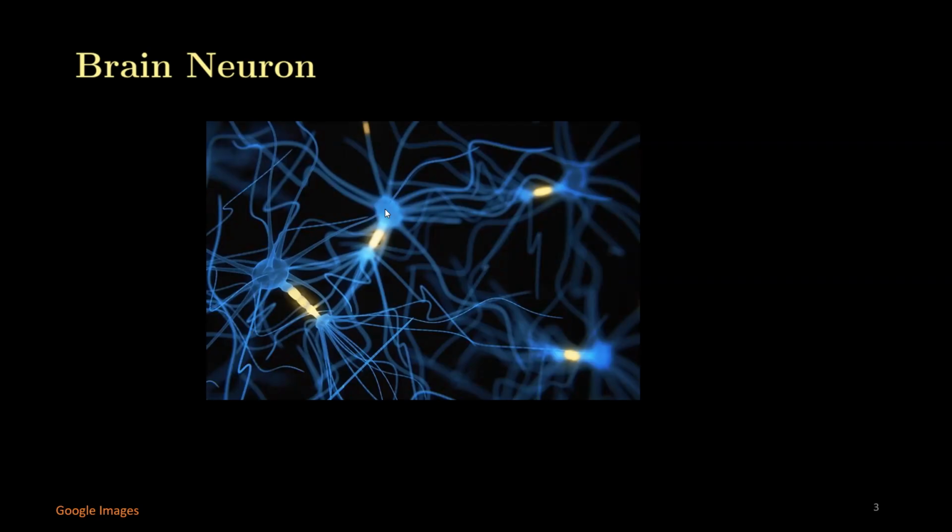Now, this neuron is connected with this neuron, and this neuron with the help of electric signals or pulses. This neuron is getting inputs or information from the previous neurons, and after processing the information, it is passing the signal to the next neuron. In this way, every neuron has some input signal and some output signal.